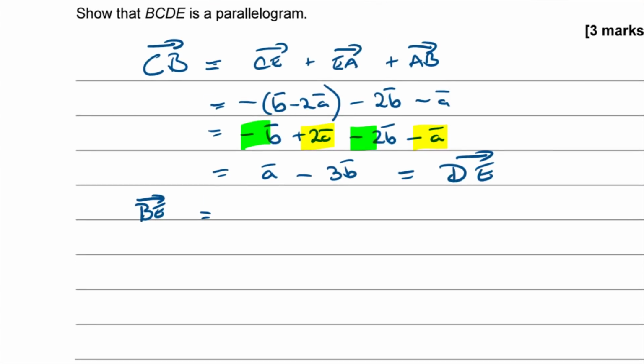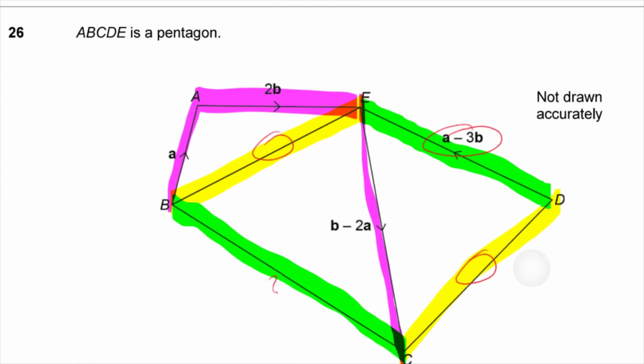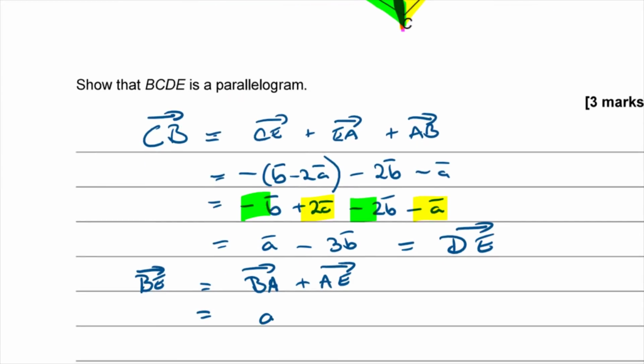B to A and then A to E. This bit is a bit easier, isn't it? A plus 2B. So that one's already done.